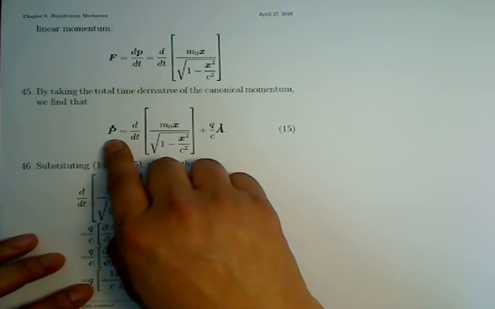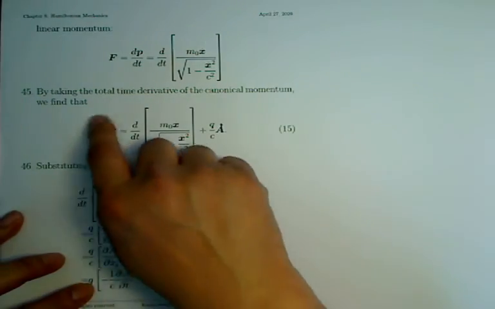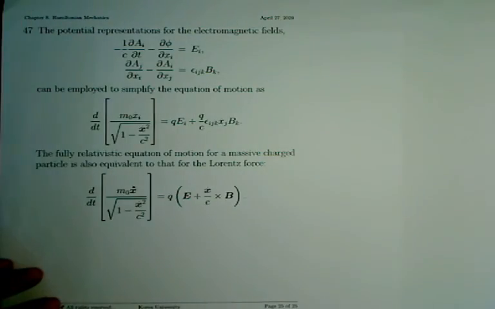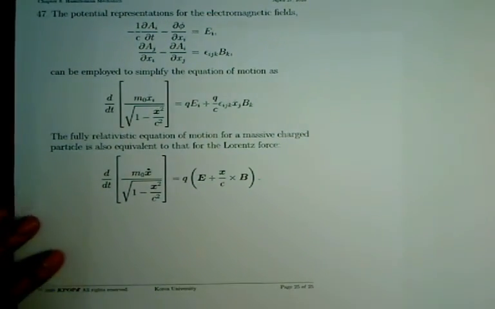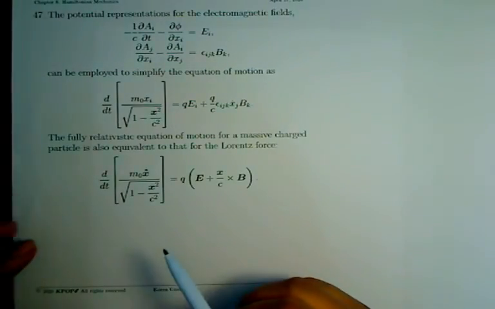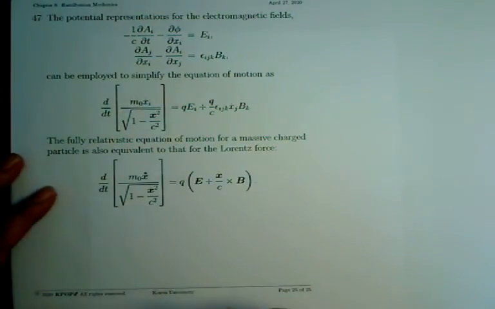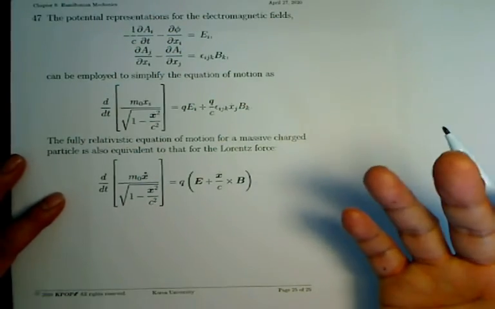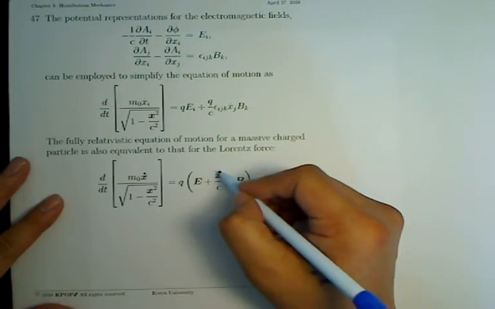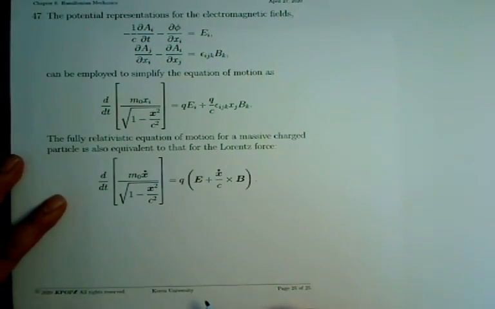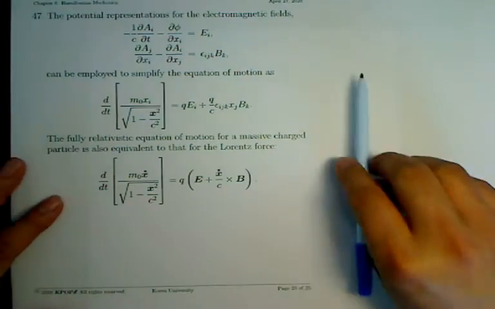Capital P is the dressed one, which has the vector field. Finally, our final result for the Hamilton's equation for the relativistically moving charged particle is again the Lorentz force. So the Lorentz force is a completely relativistic expression. That's it.